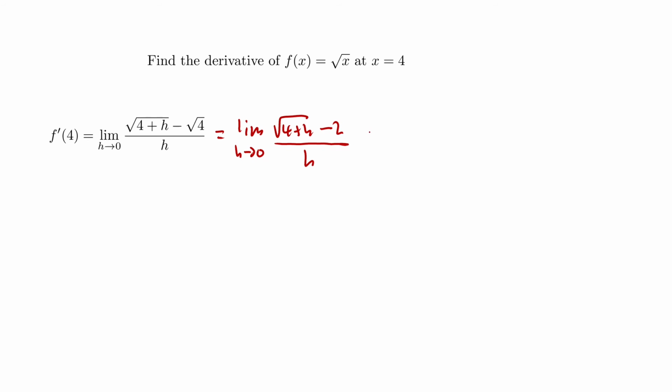And now what we're going to do here is, in order to simplify or factor and cancel, we're going to need to get rid of the square roots in the numerator. So to do that, we're going to multiply by the conjugate. That's going to be the square root of 4 plus h plus 2 times the square root of 4 plus h plus 2.